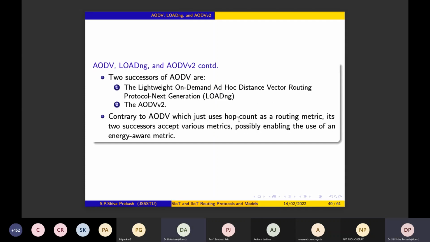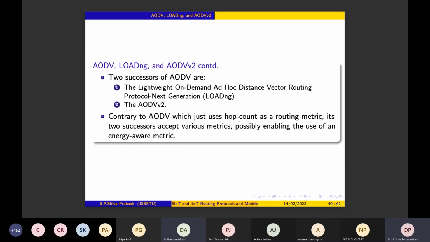Strictly speaking, AODV, ad hoc on-demand distance vector routing, is a lightweight on-demand distance vector routing protocol. The next generation AODV-NG and AODV version 2 are its successors, which just use the hop count as a routing metric.